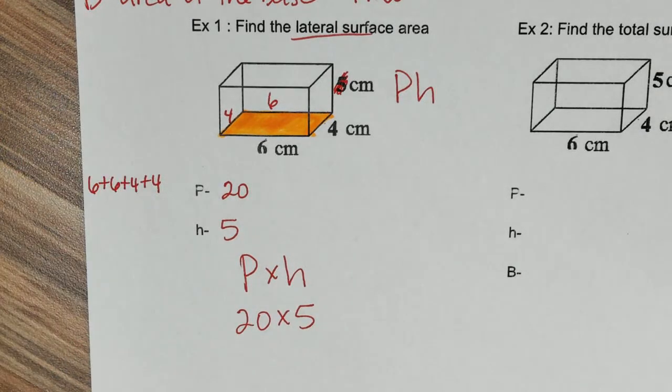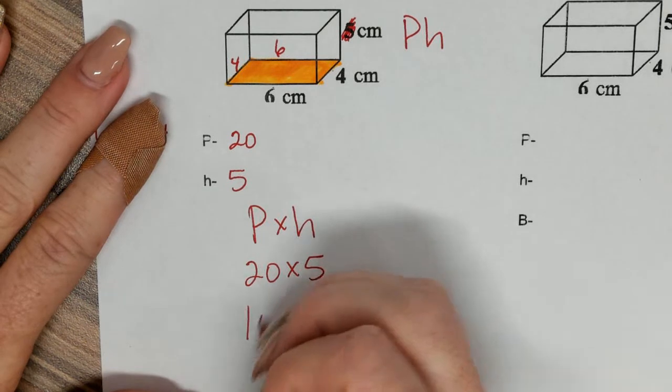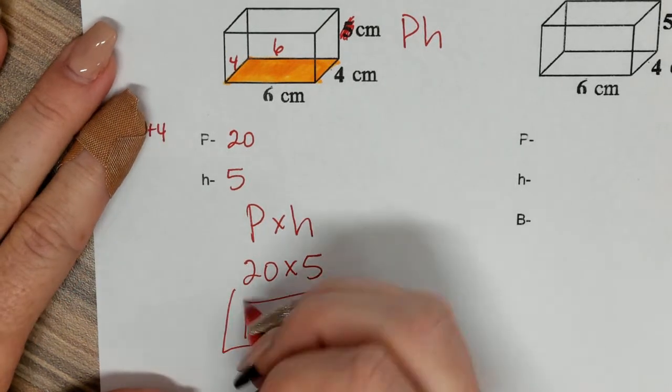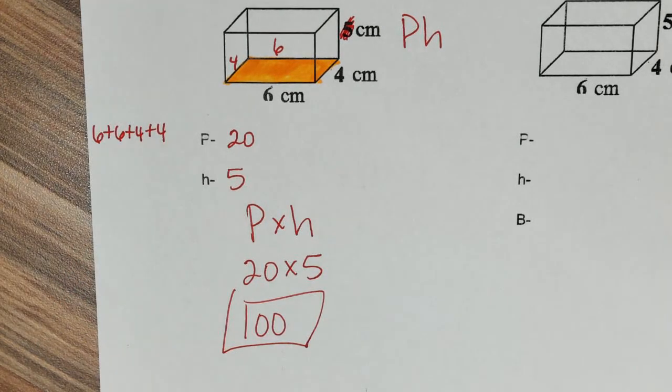And that's it. 20 times 5 is 100. And that is my lateral surface area of this rectangle. All you had to do was find the perimeter of the base and the height, and that was it.